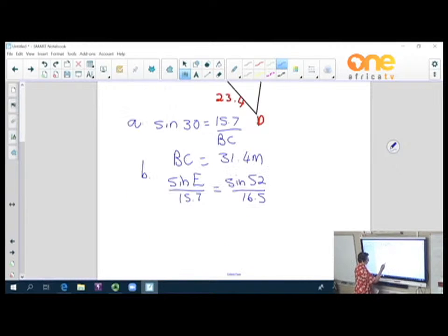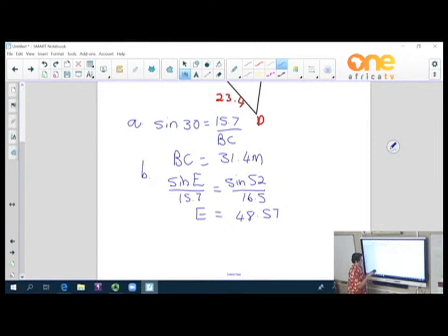Now here you want the angle, so it will be second function, your answer that you get there, and we get 48.57. Actually, you should first write the unrounded answer. So 15.7 times sine 52 divided by 16.5 is equal to, and then second function sine, your answer.